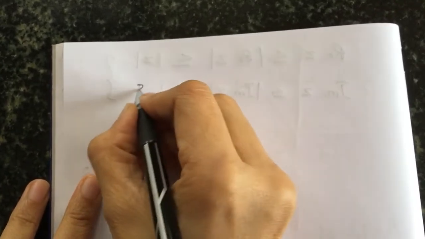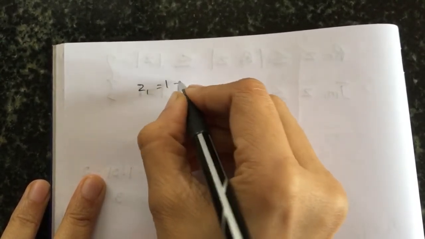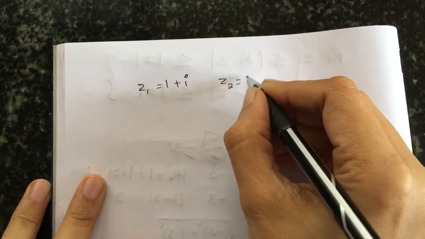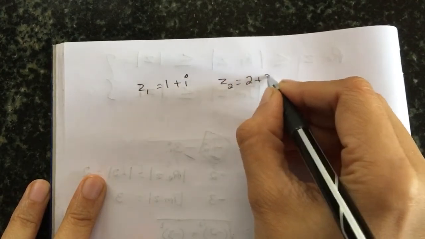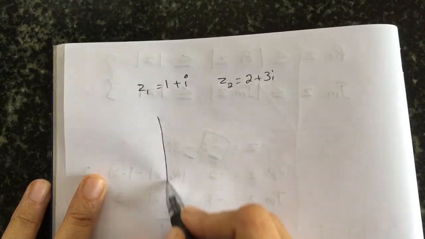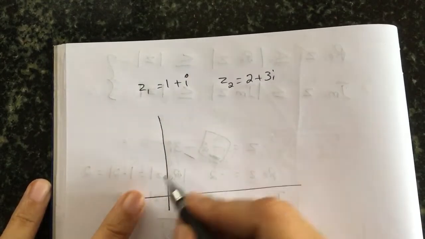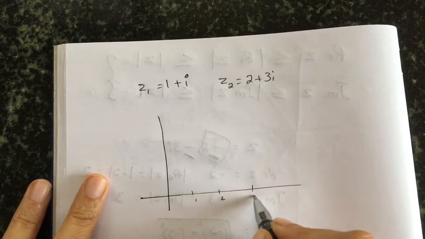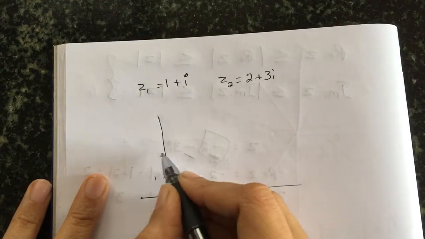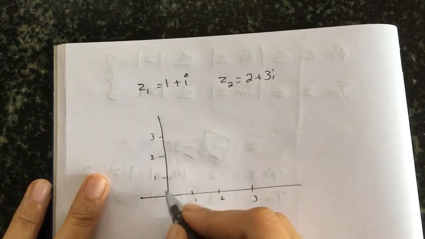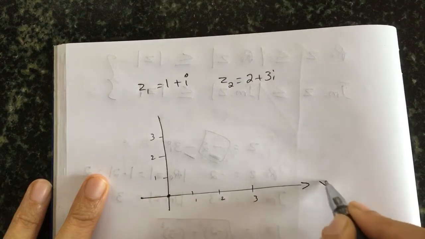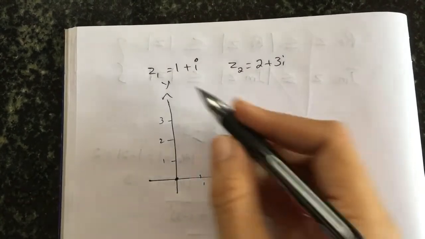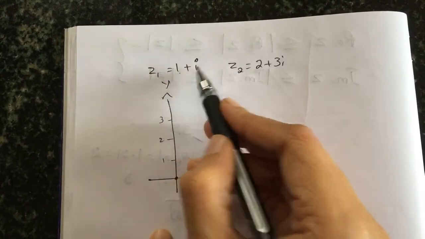Say suppose I have z1 as 1 plus i and z2 as 2 plus 3i. When I draw these two, this is the real axis and this is the imaginary axis in my Euclidean plane. Where is z1? 1 comma 1.